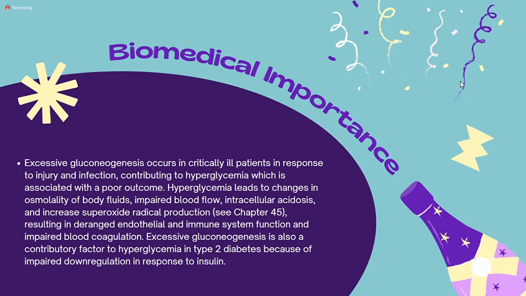And if there's so much glucose in the blood, the osmolality of the body fluids changes, and it impairs blood flow, producing intracellular acidosis and increased formation of superoxide radicals. And then your immune system will be overwhelmed, and blood coagulation impaired.